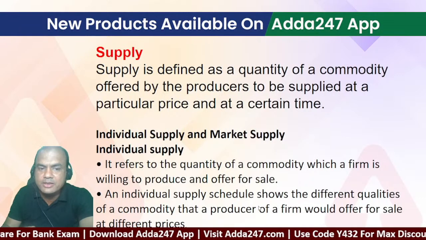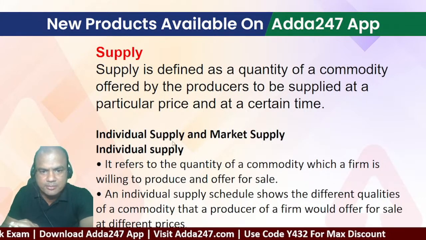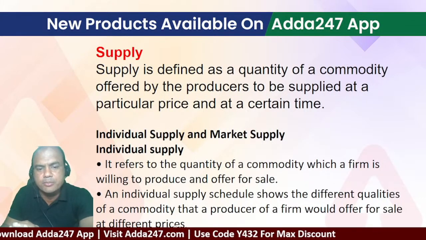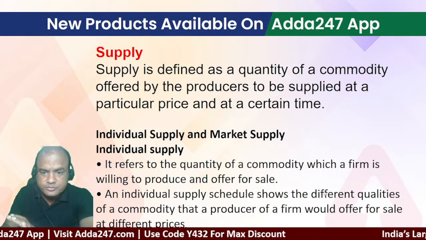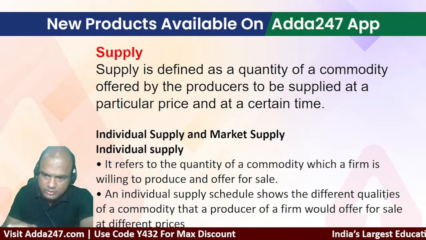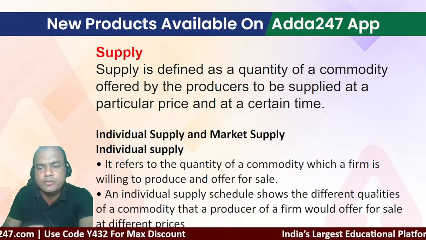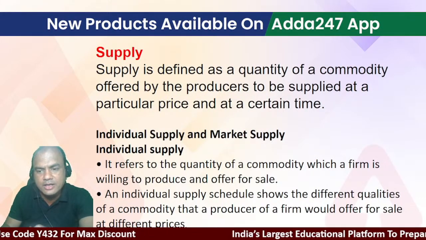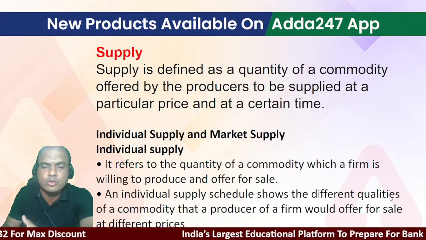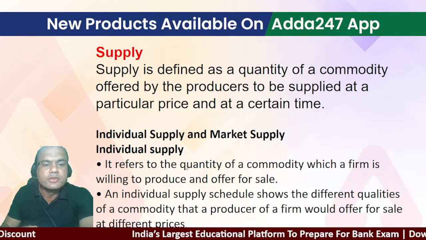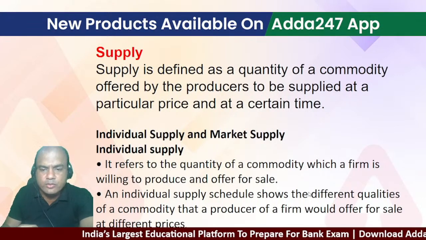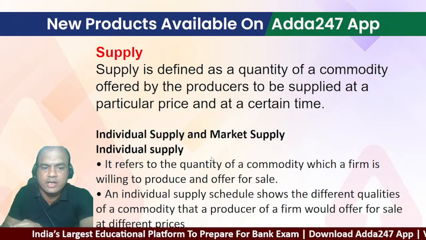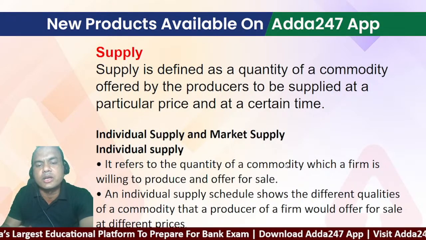So what does it mean? This is a typical example of individual supply: different qualities. A higher level of soap will have a different quality. Dove has a different quality than what you have in a normal Santoor or anything.